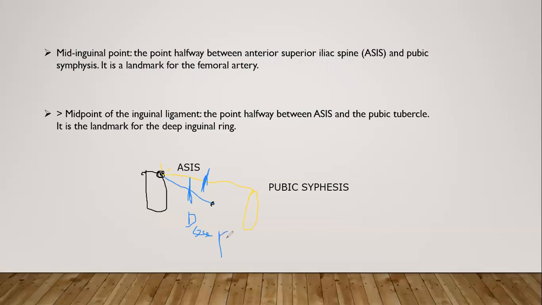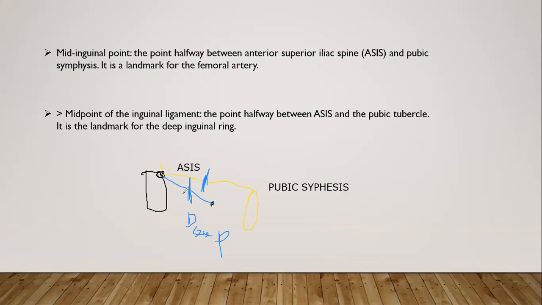They are very important, especially the midpoint of the actual inguinal ligament, because it's a marker for the deep inguinal ring. That's why you put your thumb there, you close that canal. When you close that canal, you ask the patient to cough. When they cough, if the hernia is an indirect inguinal hernia, it doesn't pass through the canal, and therefore you cannot see the bulging.